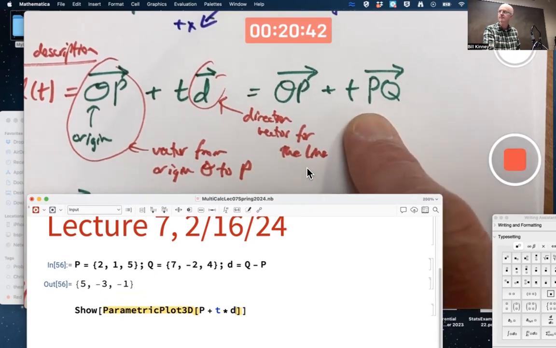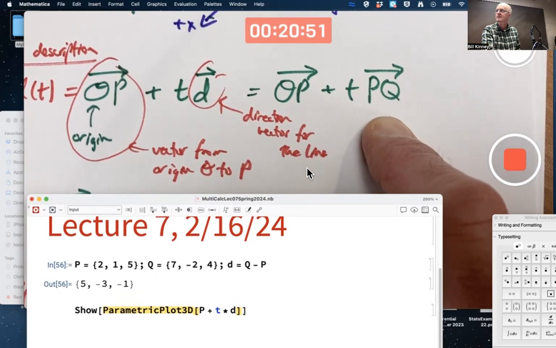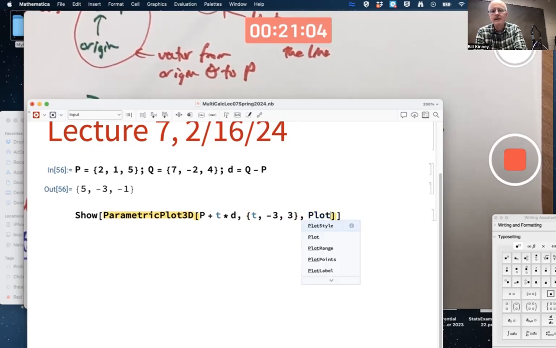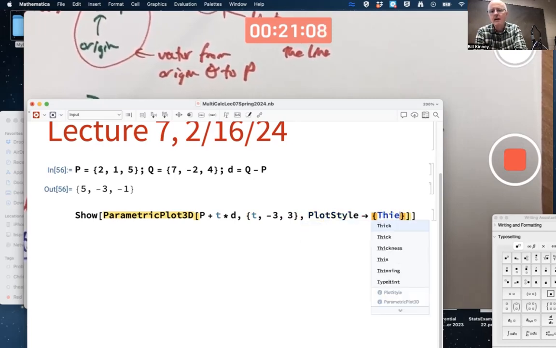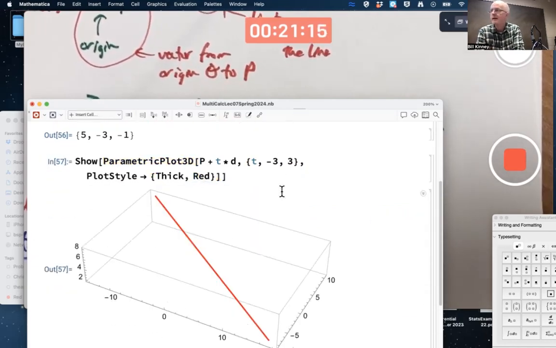I'm using P in Mathematica because that could be thought of as representing the vector from the origin to P. And this is D. As T varies over some range of values, say -3 to 3 or something, might like to make it colored and pick, say, red. And that'll plot the line there. There it is.